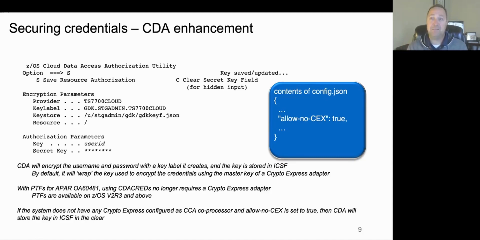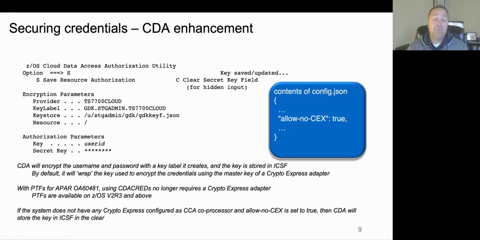Essentially what it means is, if you don't have a Crypto Express adapter configured for your processor, well, you can't use CDA. What we did with OA60481 is we've lifted that restriction. And so the use of CDA and CDA creds no longer requires a Crypto Express adapter. If you don't have one configured, there's a JSON file where you configure allow no CEX true.